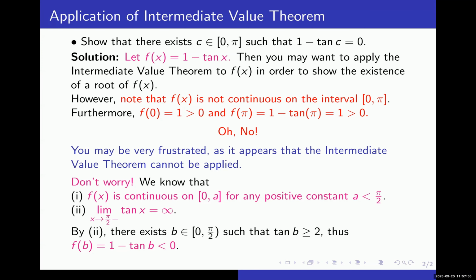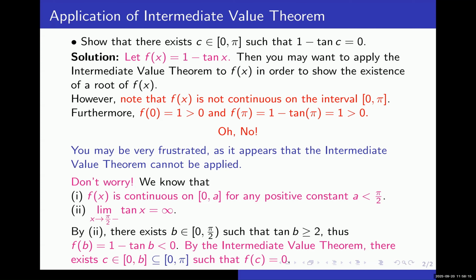And we know that by part 1, the function f(x) is continuous on the interval 0 to b. The closed interval 0 to b is actually included in 0 to pi.